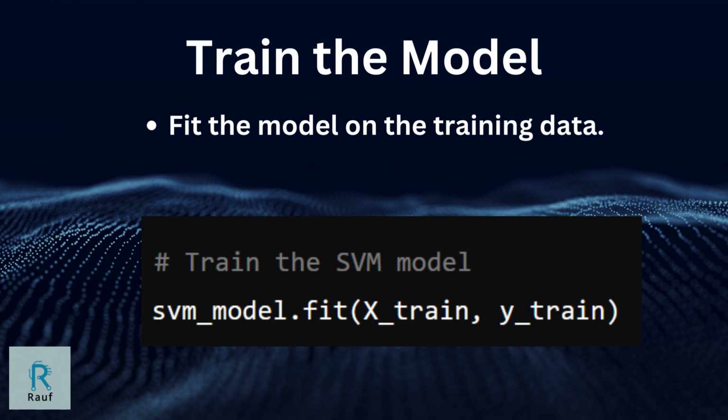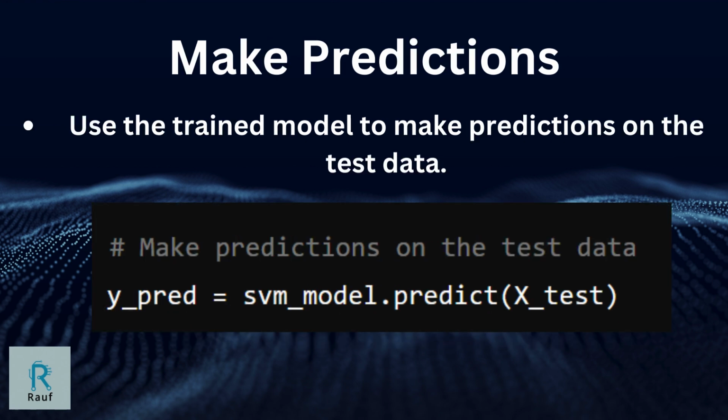Now it is training on this data set, and then it will be tested on the new X test points. After that, it will make predictions on the test data set. Here you can see the X test data set, which it has never seen before, so it will be a little hard for it. So now it is predicting on the test set based on the training it got.